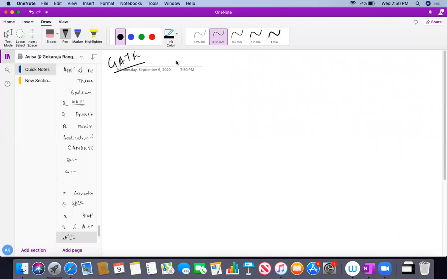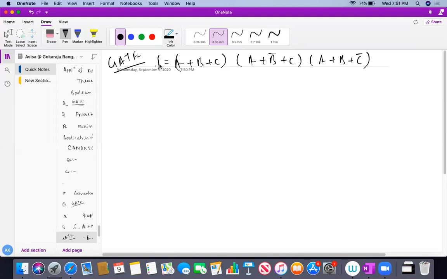So see here: A or B or C, A or B bar or C, A or B or C bar. What you have to do is simplify this function. There will be a lot of options, and out of these options you have to choose one after simplification.